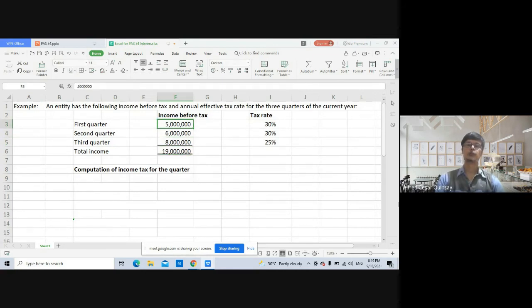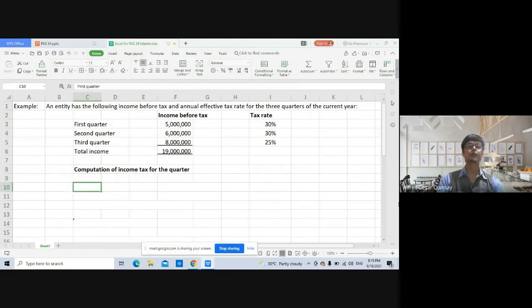Now, during the first 2 quarters, ang rate niya is 30%. And on the third quarter, naging 25%. So how do we compute for the income tax?